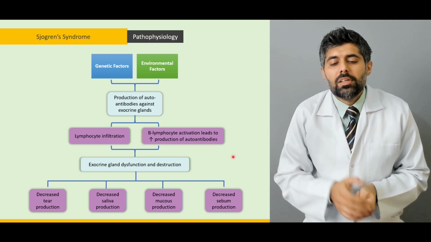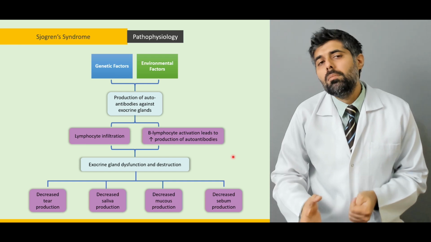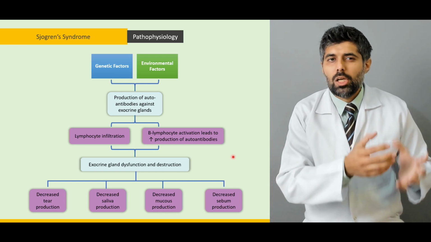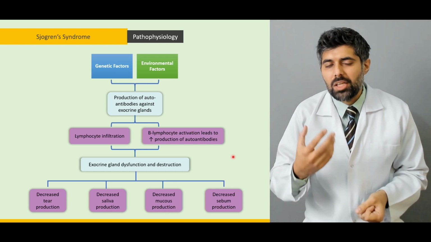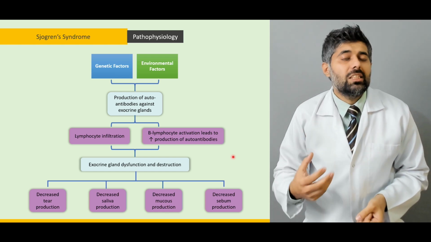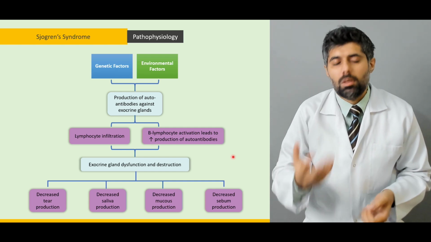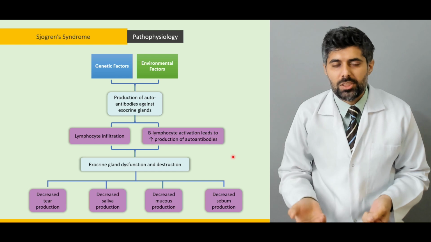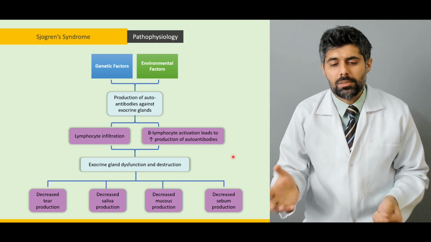Another is that there is decreased sebum production. Sebum is a lipid containing secretion which is secreted by the sebaceous gland. Now these sebaceous glands are found on the skin and are a part of the appendages of the skin along with hair follicles, among other things.